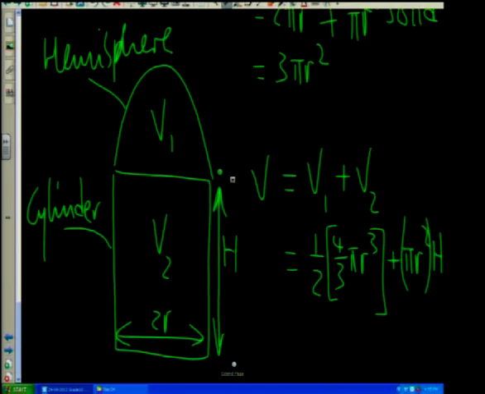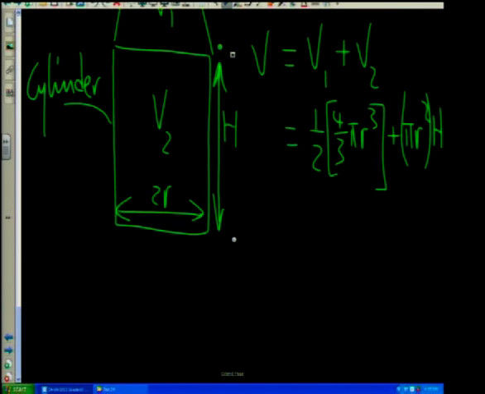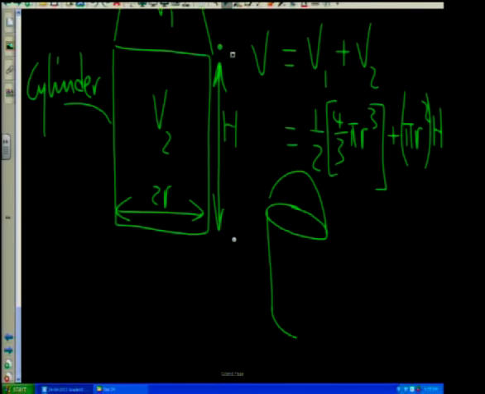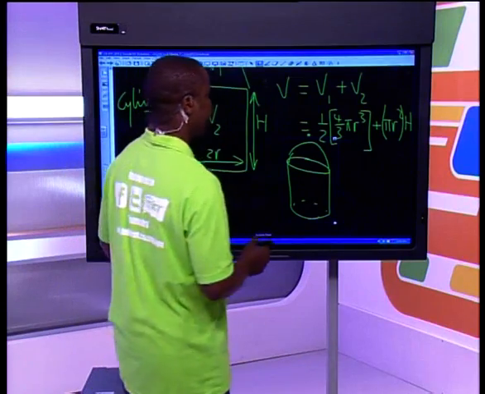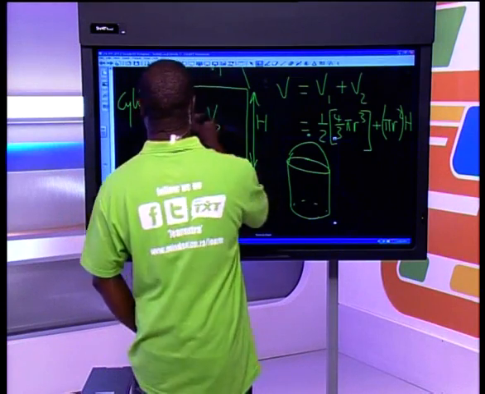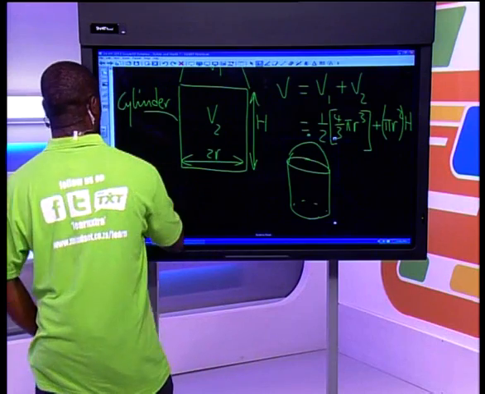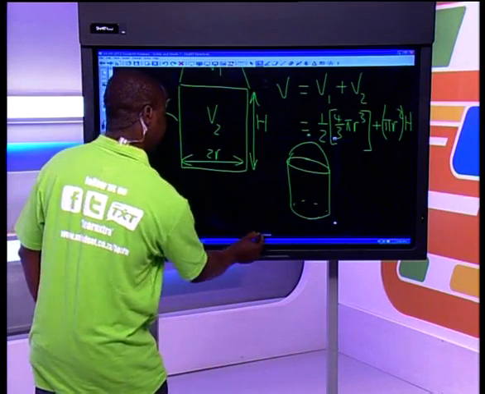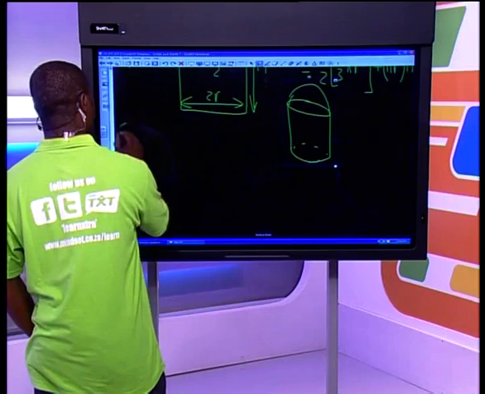Let me just show you in three dimensions how this thing would look. Something like that. So that would be the volume that can fill that up. And finally, we said this is a compound volume, but we can also do a compound surface quickly.